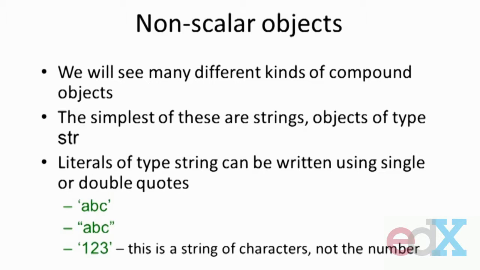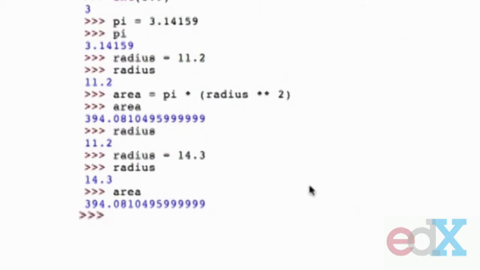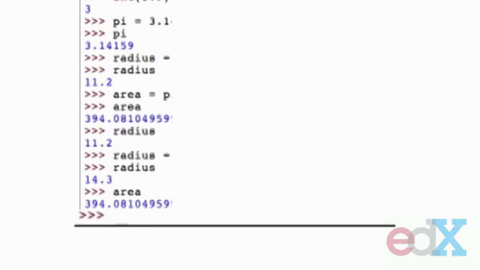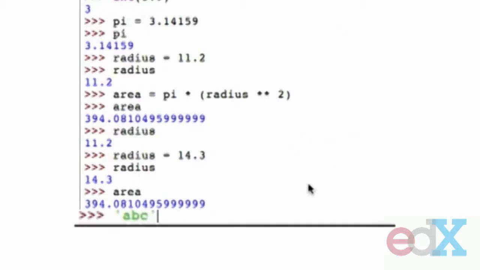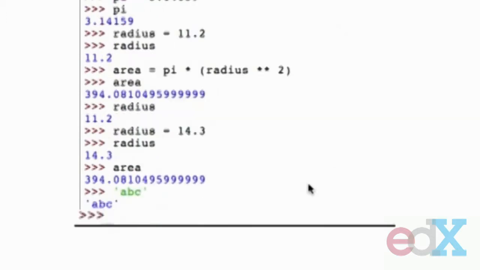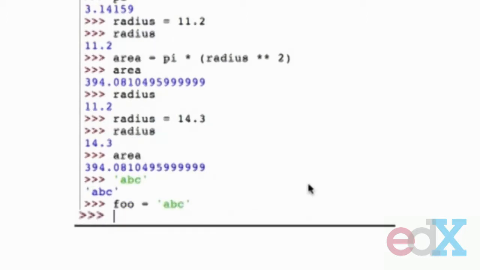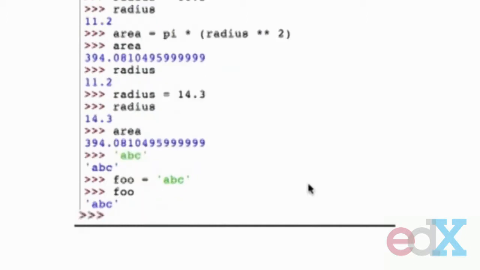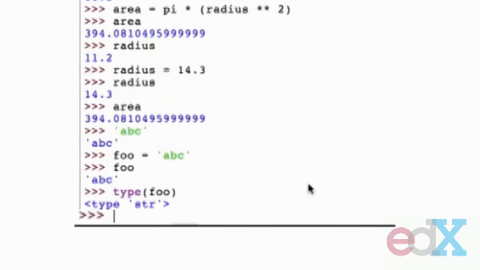putting them inside of double quotes. And so if I go to my Python shell, for example, we can see that we can put things within a single quote, and that gives us that string back. By the way, we can give names to those things. So we can say, what's the value of foo? And in fact, we can look at the type, and we'll see that it gives us back something of type string, or str.